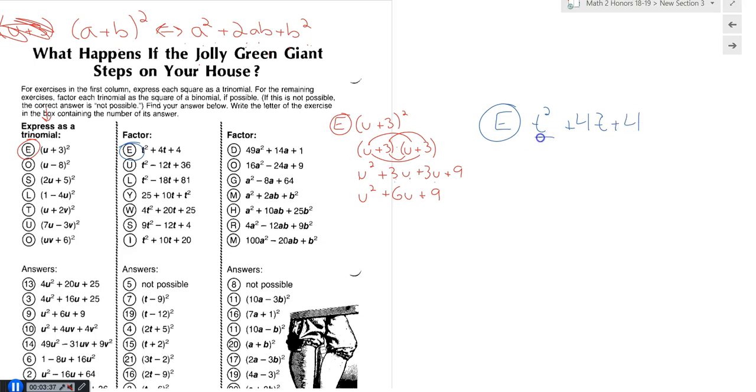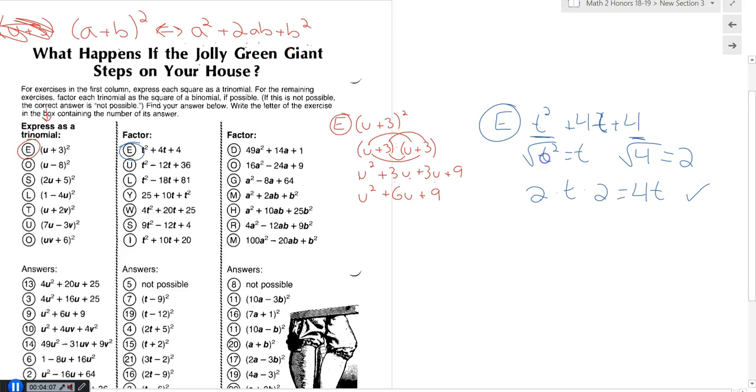So what we do is we take the first one and square root it, just like we did before. We take the second one and we square root it. And then we have to check if the middle is this part, that 2ab: t times 2 times 2, well, 2 times 2 is 4t. Check.